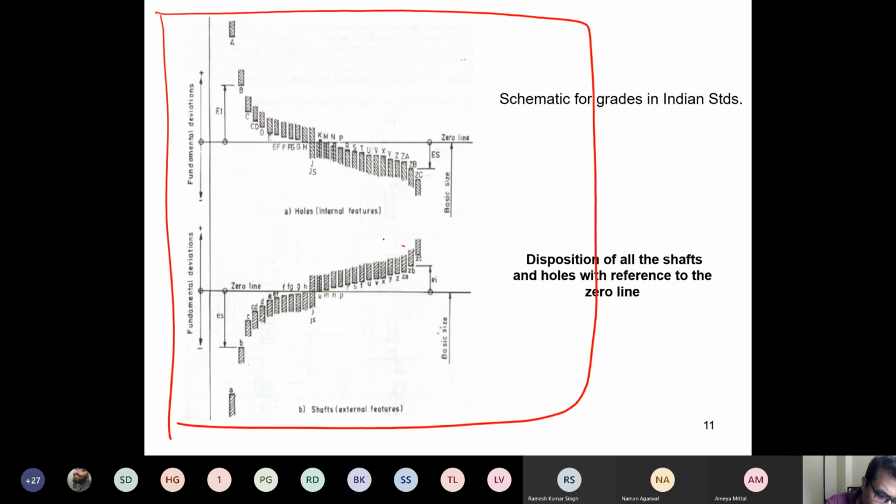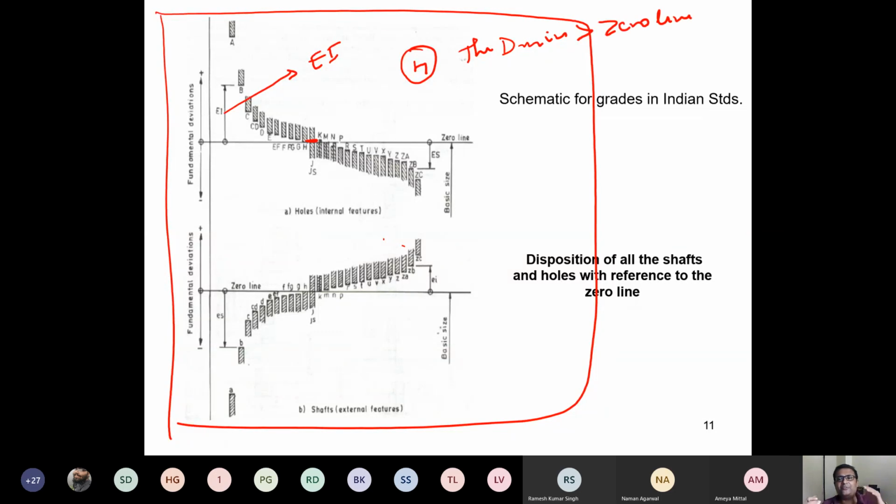This EI is the fundamental deviation till H. Till H, the lowest diameter of the shaft, D min, is greater than the zero line.